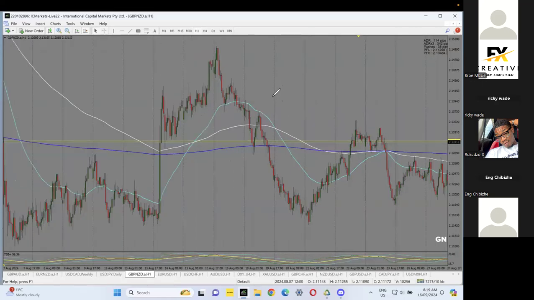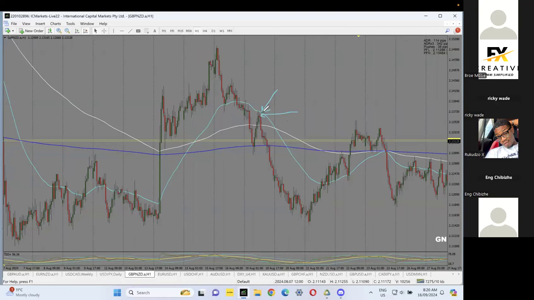You see something like this right here? That one touched with wick. Yes, it touched with wick. Fair enough. But the only way I would have traded it is if it gives me a pattern like this one, whereby it touched and then the next candle came in and closed in the same area again.